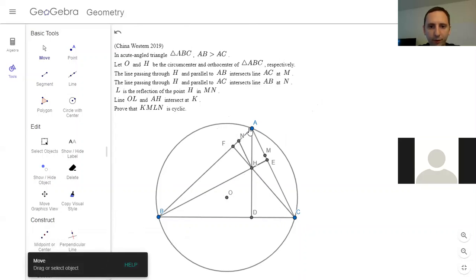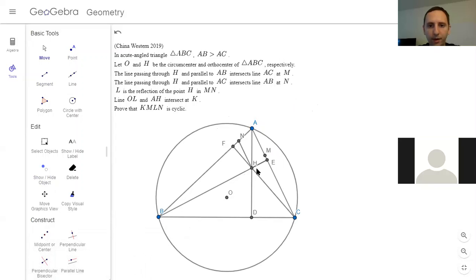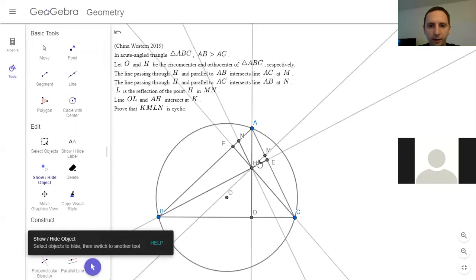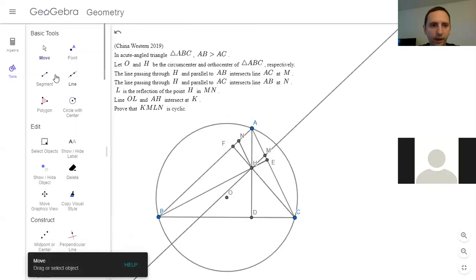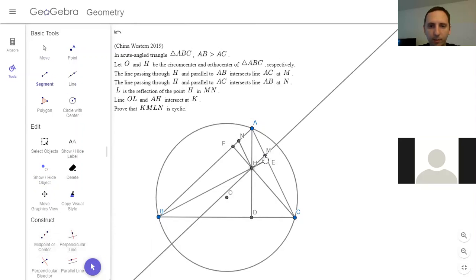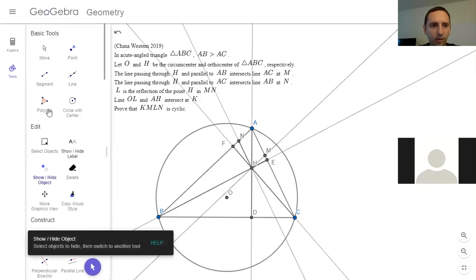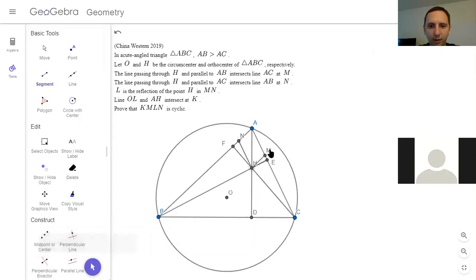L is the reflection of H over MN. I accidentally drew EH instead of HM. Okay, HM.